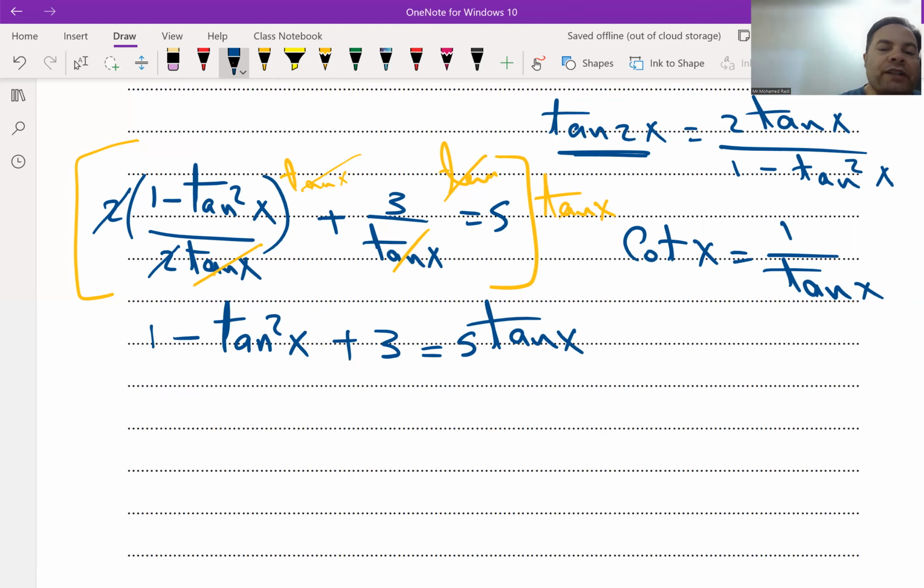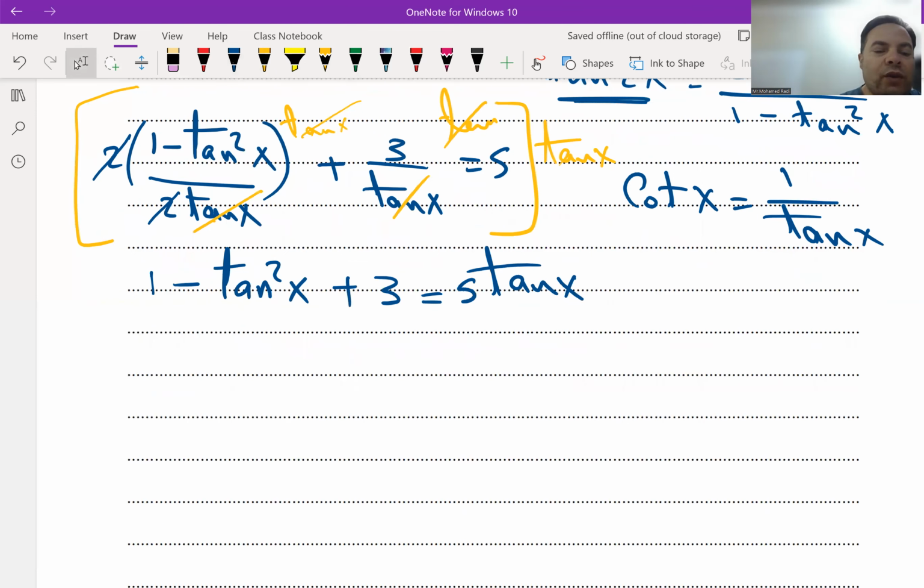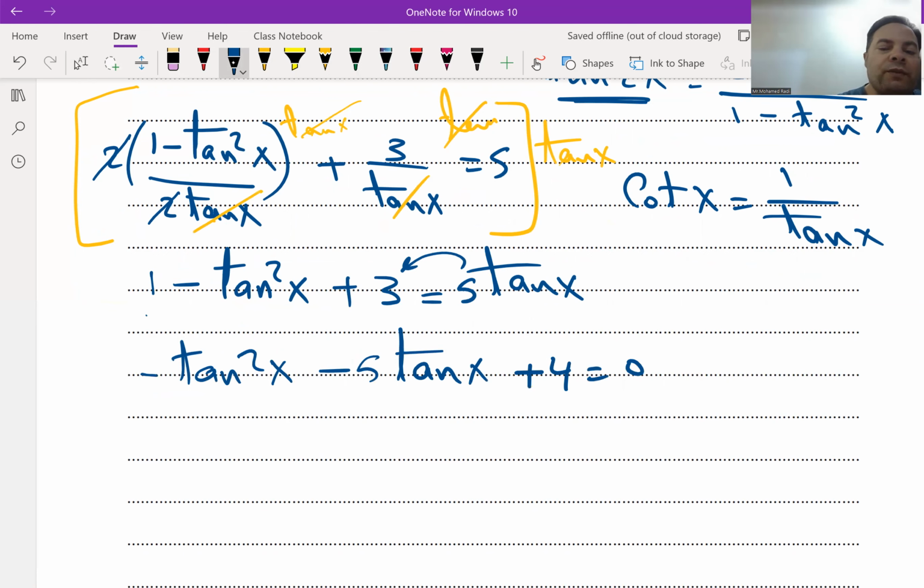We have a quadratic equation, write it in standard form. Minus tan squared x minus 5 tan x, 1 plus 3 is 4, is equal to 0.